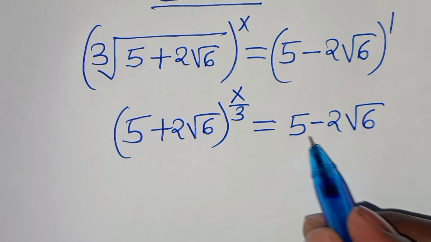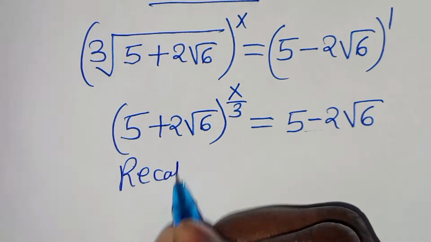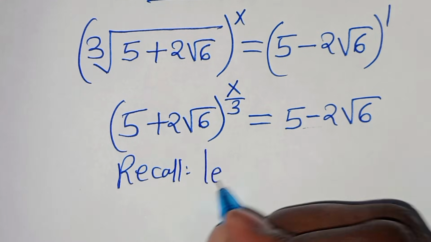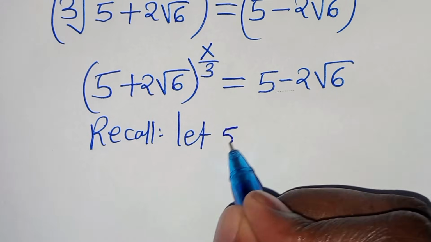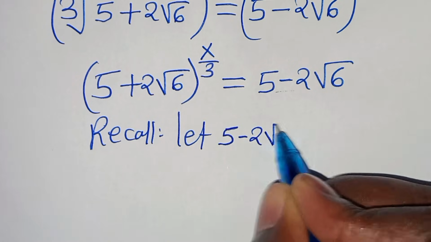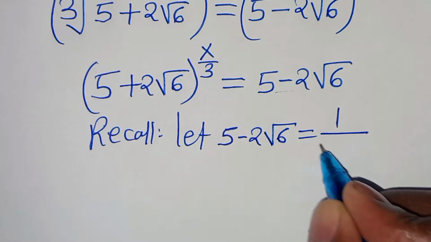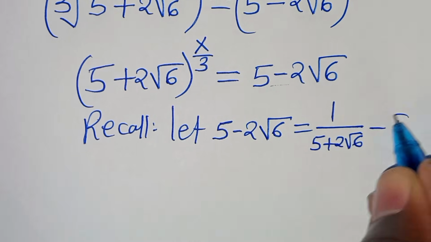The bases are not common here, but if you recall, we have seen that 5 minus 2 root 6 is the same thing as 1 over 5 plus 2 root 6. This was equation 1.